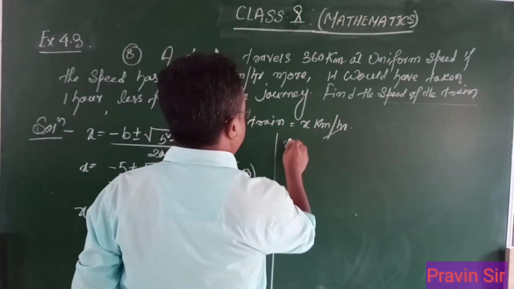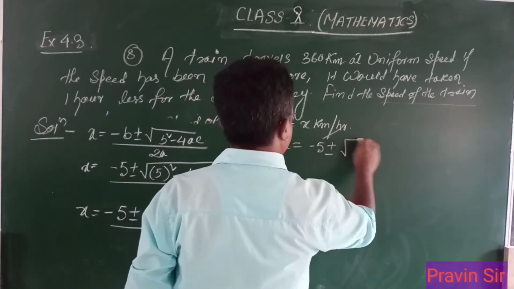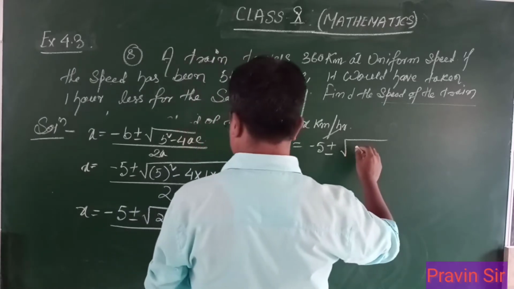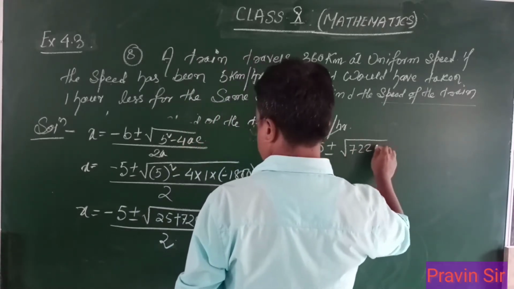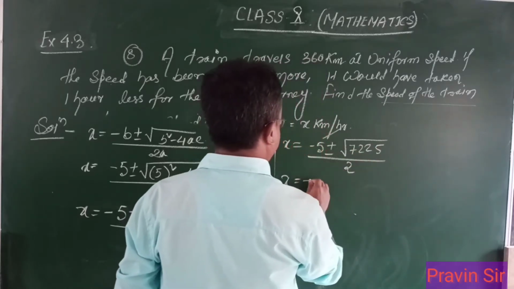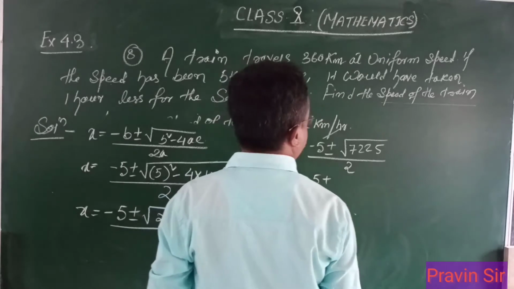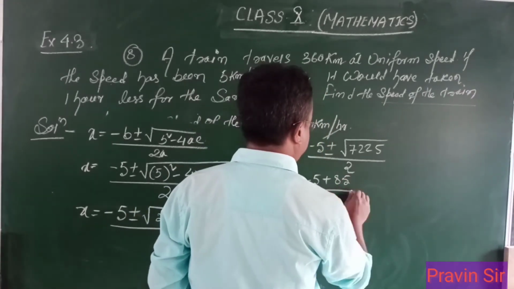So now x is equal to minus 5 plus minus root over 25 plus 7200, that is 7225, divided by 2. So x is equal to minus 5 plus minus square root of 7225, which is 85, by 2.